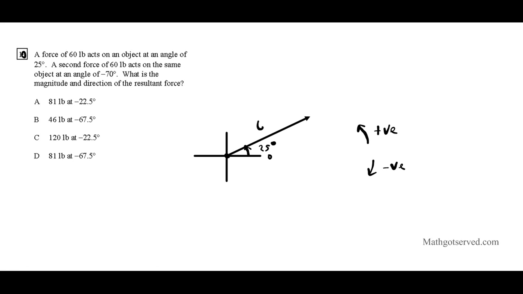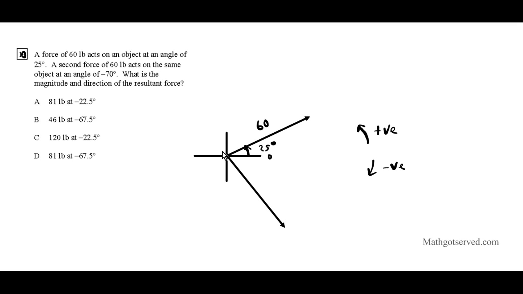So this is a 60-pound vector acting on this object right here at an angle of 25 degrees. The second one is the same, another 60-pound vector acting at negative 70 degrees. So let's go ahead and do that. I'm just going to try and make a sketch of another vector. It should be of the same length, so let's try our best to make it look like that.